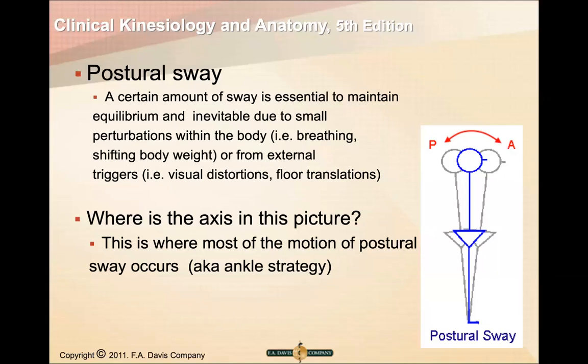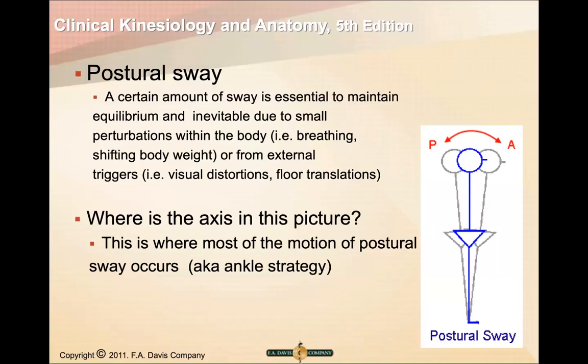If somebody comes by you, and it's usually crowded in those aisles, and they accidentally bump you just a little bit, and I'm talking like barely enough to where you even notice it. It's not enough to jar you, but it's just enough to make you sway just a little bit. When that happens, the tiniest amount of postural adjustments that we have to make in order to keep our balance, we do that with the ankle, and we call that the ankle strategy. So the ankle strategy is going to be there to keep our balance and our posture.